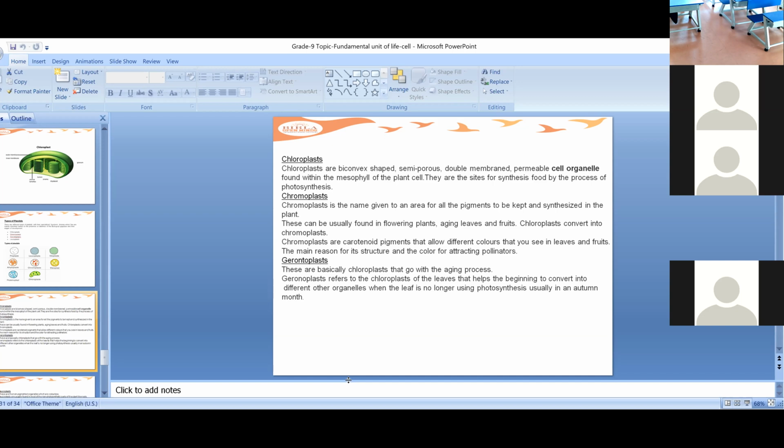And now coming to one more plastid, which is gerontoplast. These gerontoplasts are basically chloroplasts only, but they go with the aging process. They are responsible for the aging process of what? Of leaves and fruits.